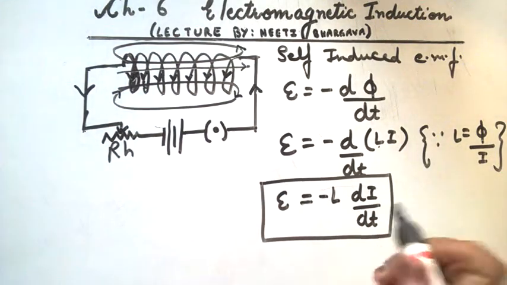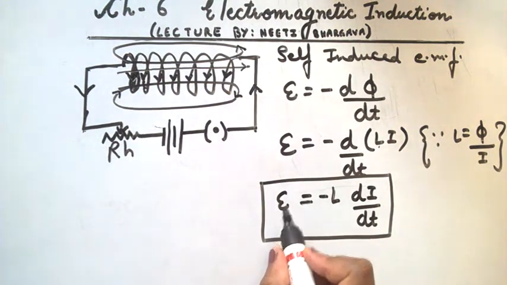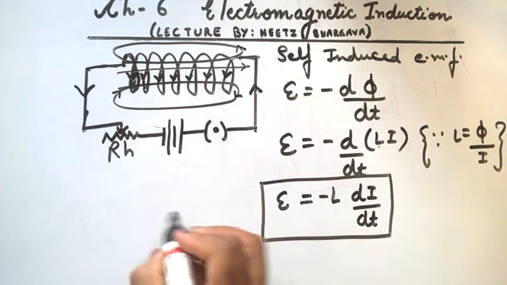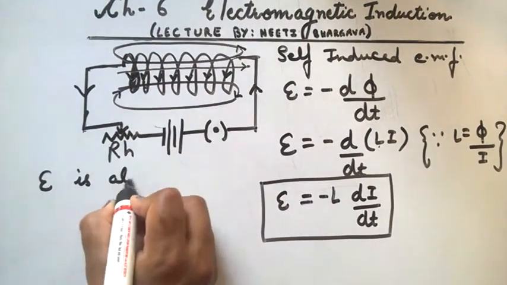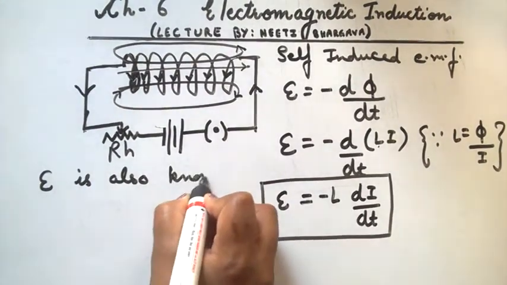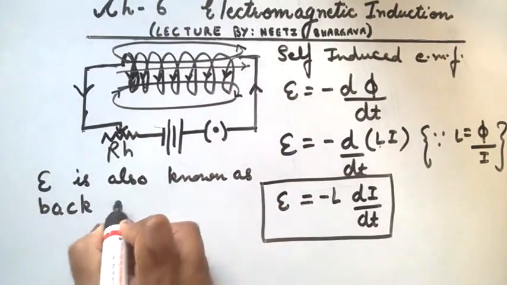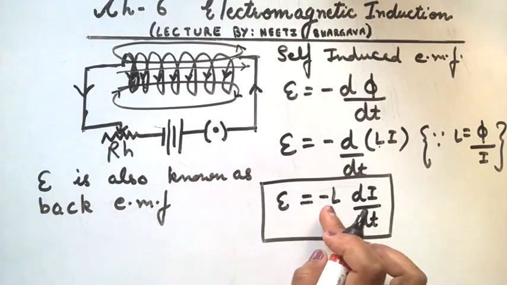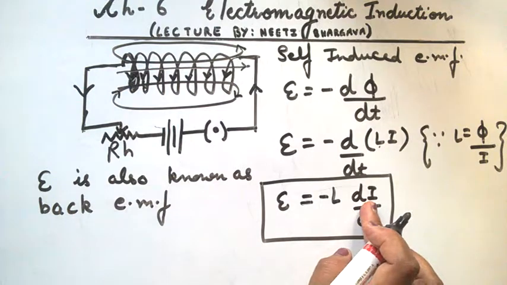This self-induced EMF is also known as back EMF. Here we can see that its direction is always opposite to the direction of flow of current.